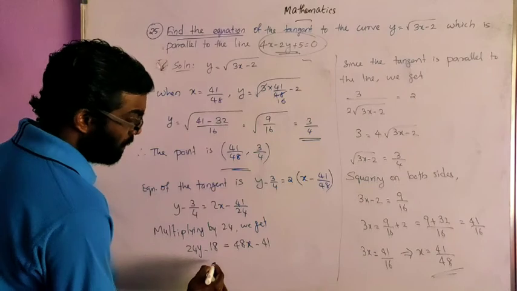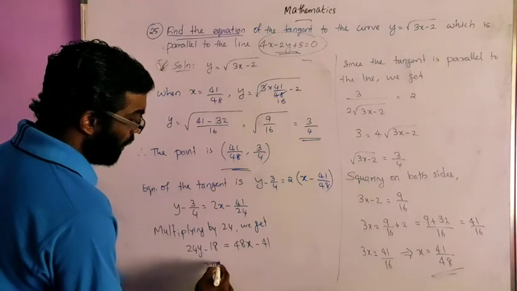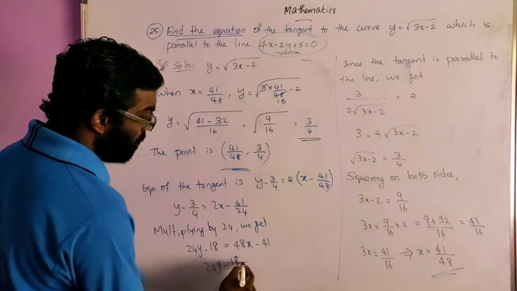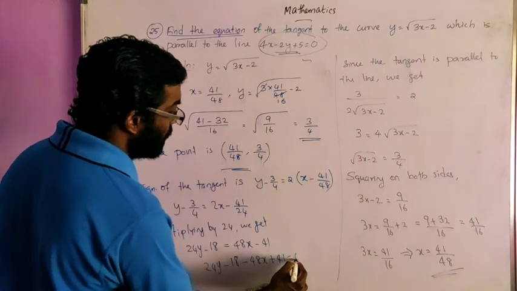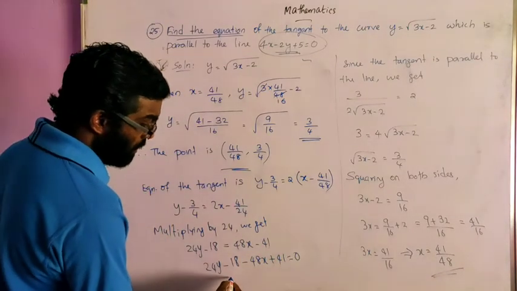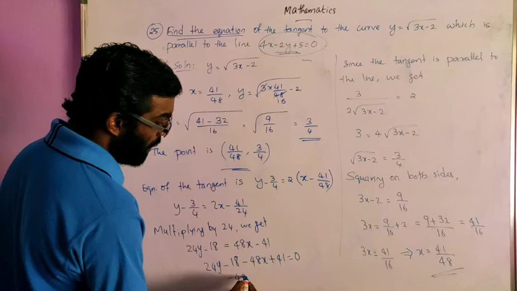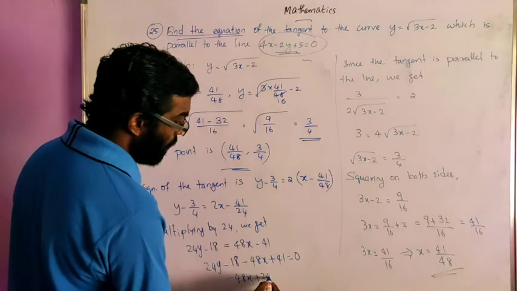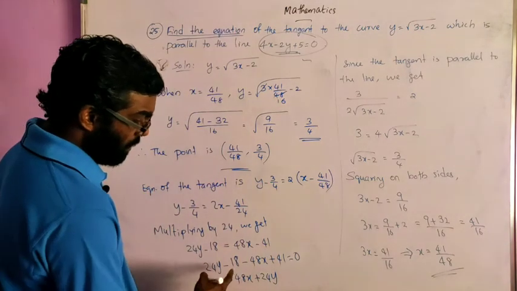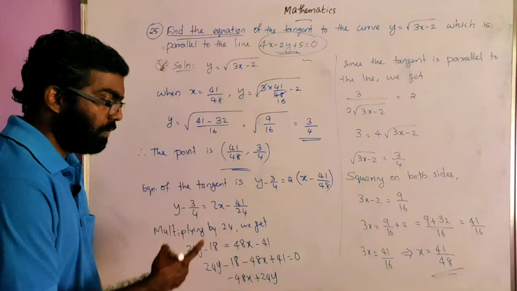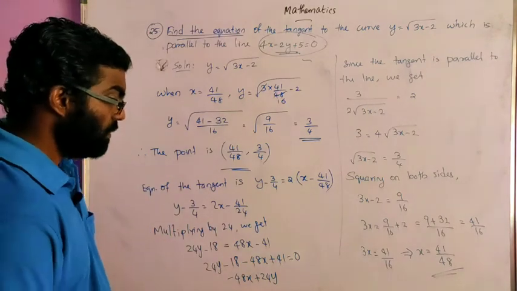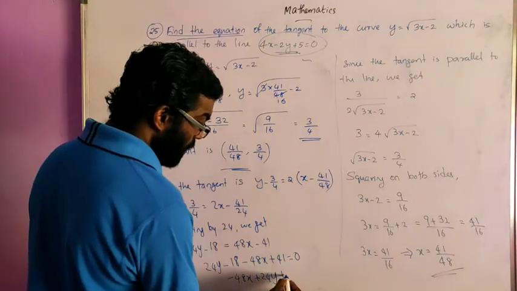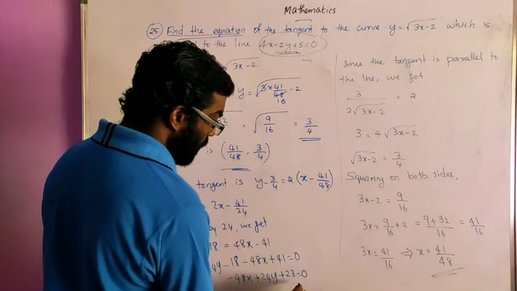Now we can rearrange: 24y minus 18 minus 48x plus 41 is equal to 0, or we can write minus 48x plus 24y, then minus 18 plus 41, or 41 minus 18. 41 minus 18 is what? 23. So plus 23 is equal to 0.